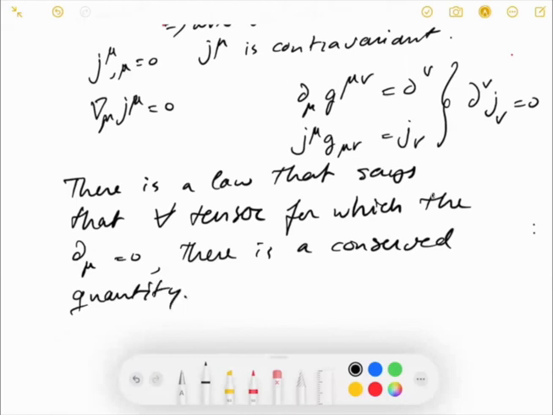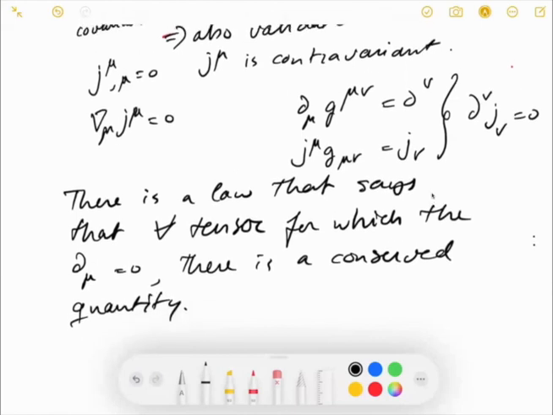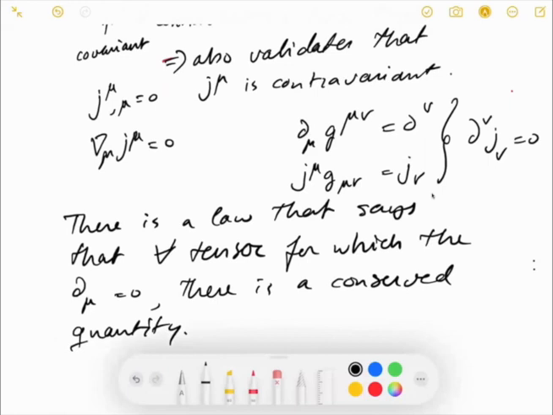I don't know if we'll find more of these examples, but this is a good thing to know. So in this case, the 4 divergence of the current 4 vector is 0, and that implies charge conservation. So that's what we mean. Apparently, that's a specific instance of a more general law.